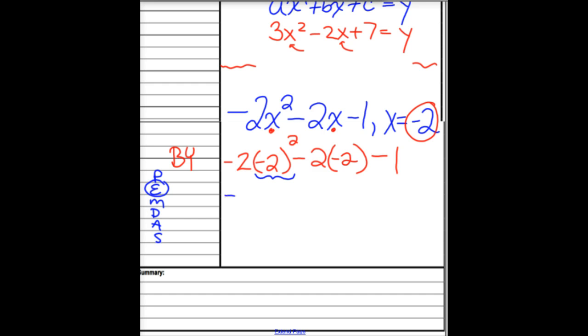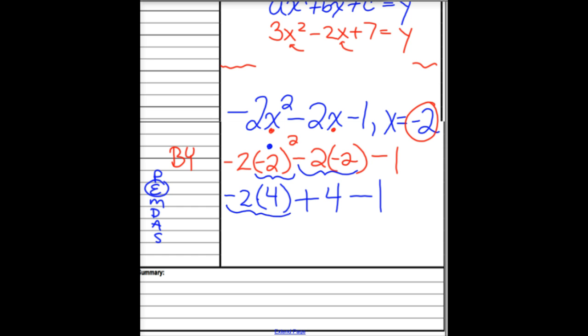So this is really negative 2 times negative 2 squared, which is a negative 2 times a negative 2, which is a 4. I've got minus a negative 2, minus 2 times negative 2. I've got two negatives there, which gives me a plus 4, and I have a minus 1.